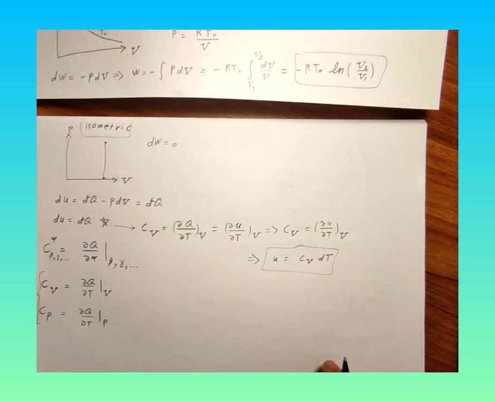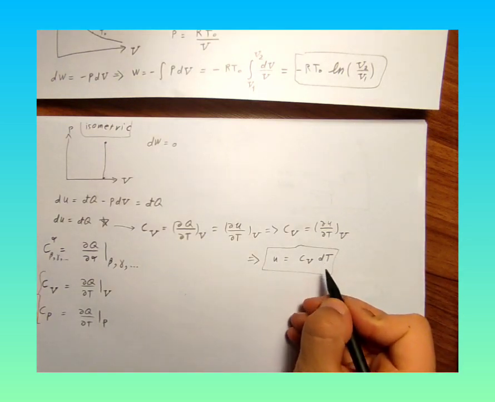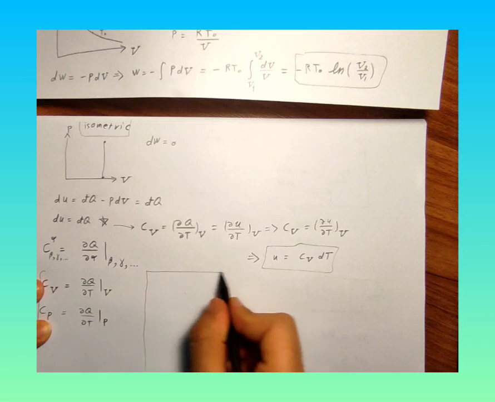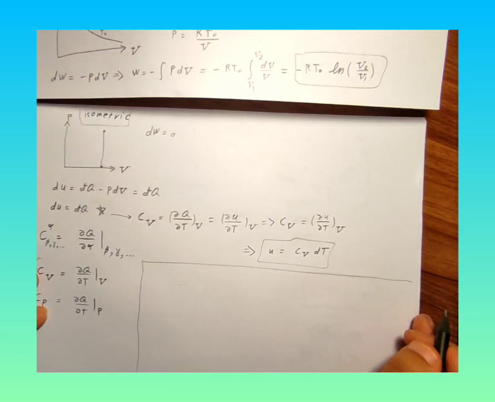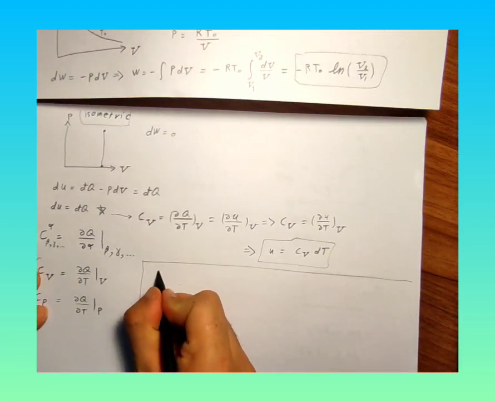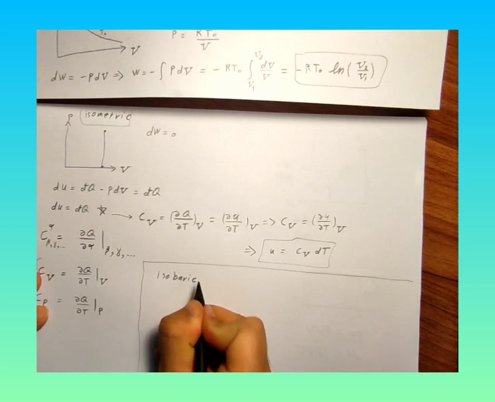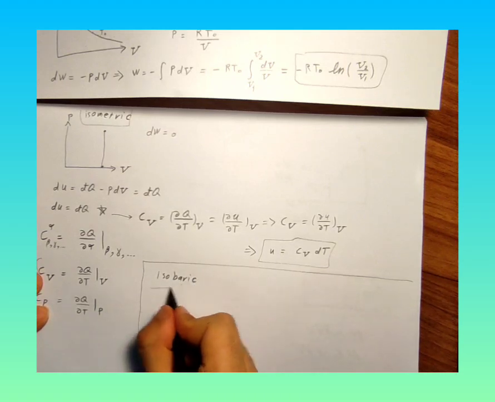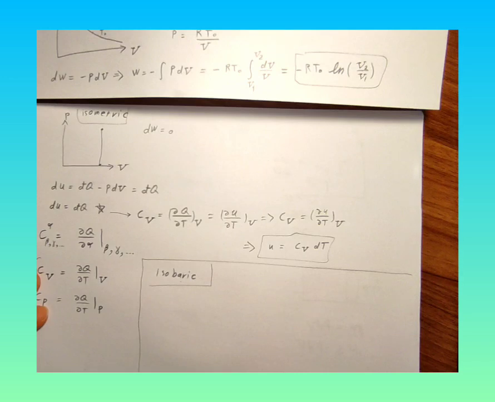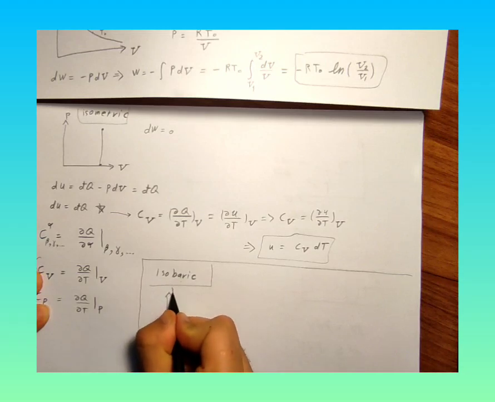Now, memorize this and let's go to another famous process, isobaric. An isobaric process is a process done at every point with constant pressure.